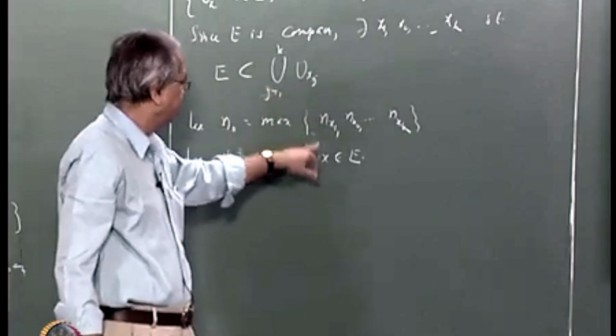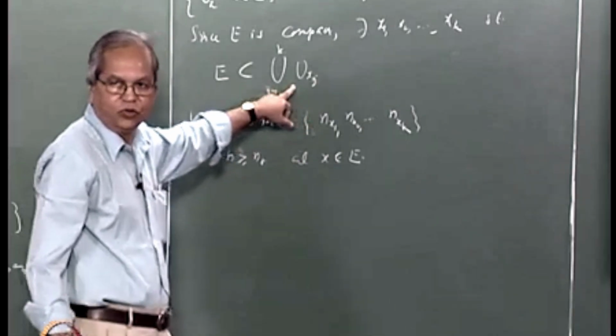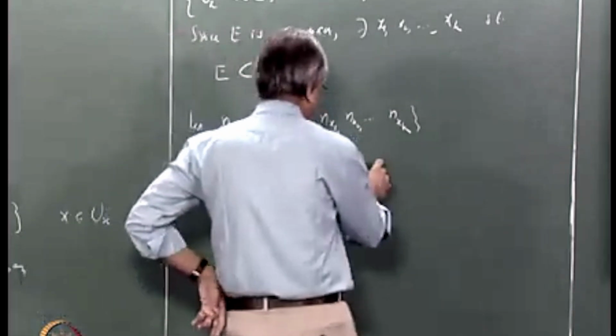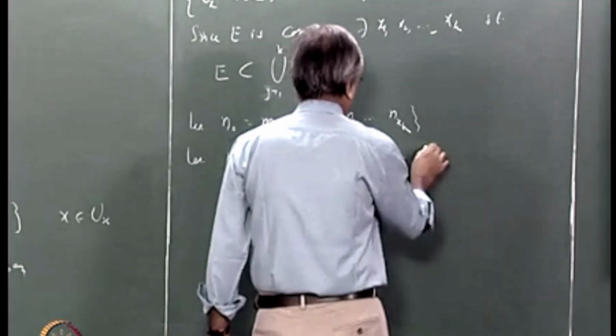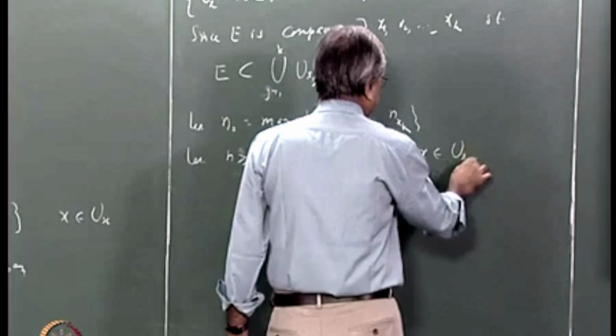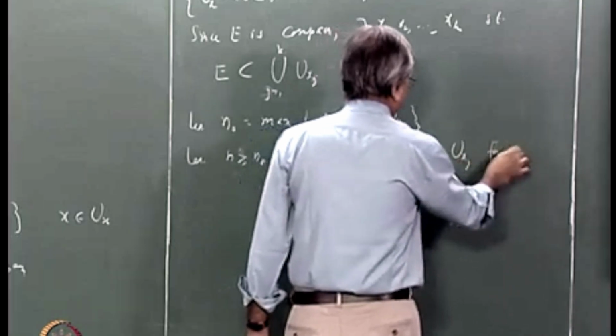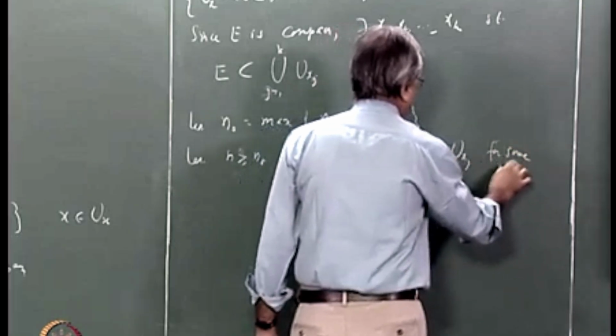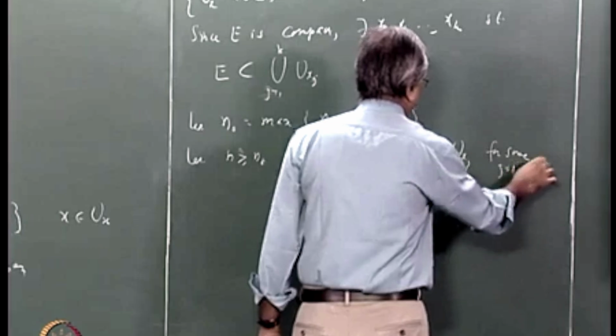So every point x in E is in one of these open sets, so x belongs to U_{x_j} for some j going from 1 to k.